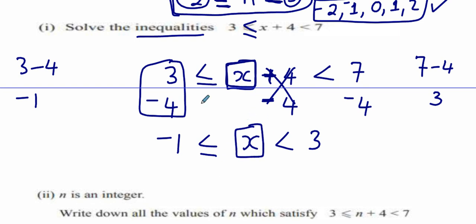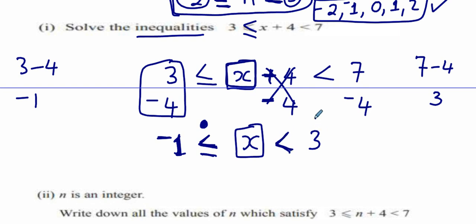Now suppose you want to draw a number line to represent this information. Can you notice that this is less or equal to 1? Can you see this? -1 is less or equal to 1. So this suggests a closed circle just above -1. Can you see this? Less than 3.